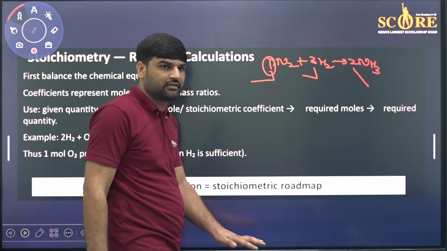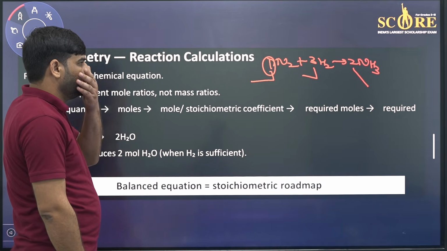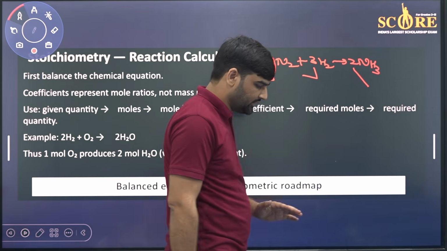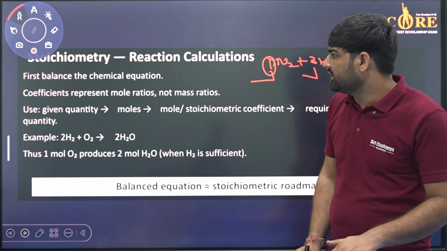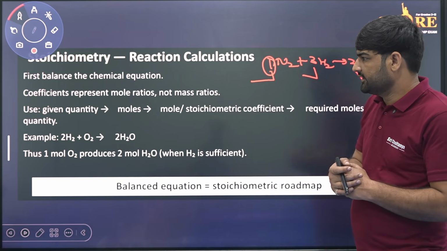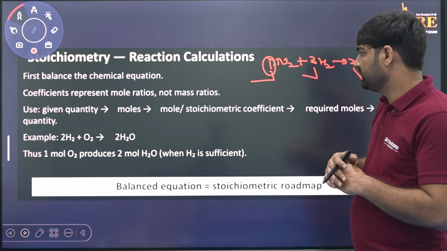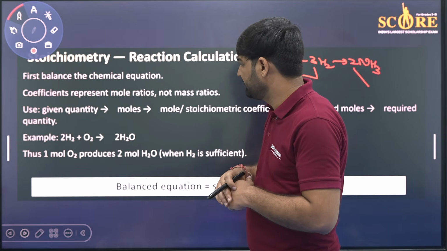This is the basic thing of stoichiometry. So it is very important that we balance the chemical reaction very carefully, then apply the stoichiometry rule or mole concept. Here is a simple procedure for stoichiometry and calculation of reactions.